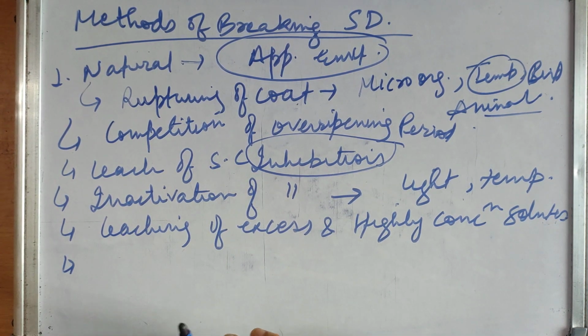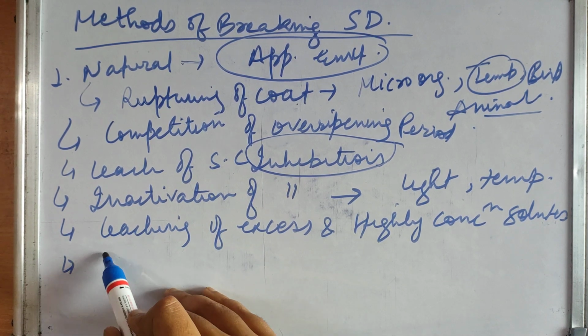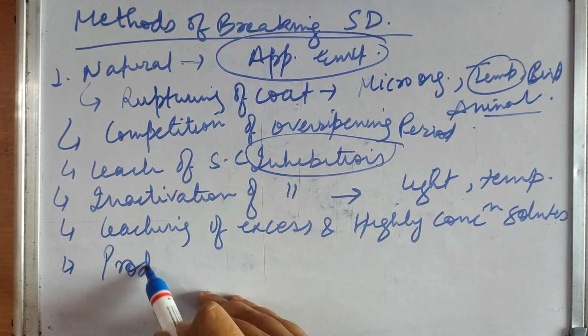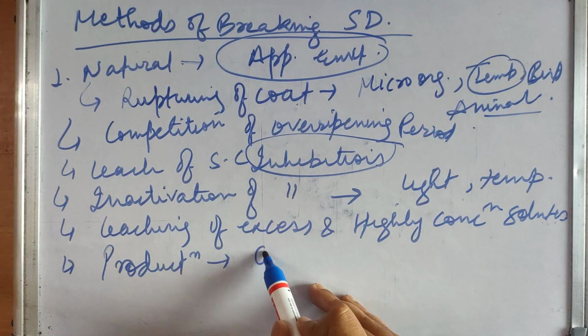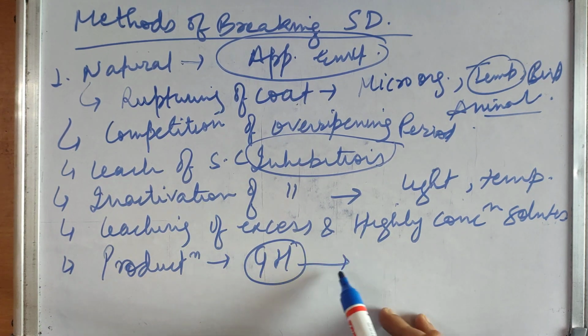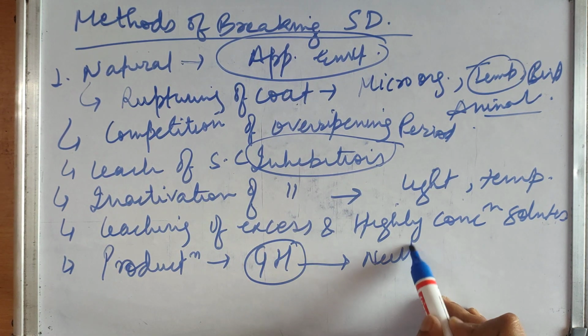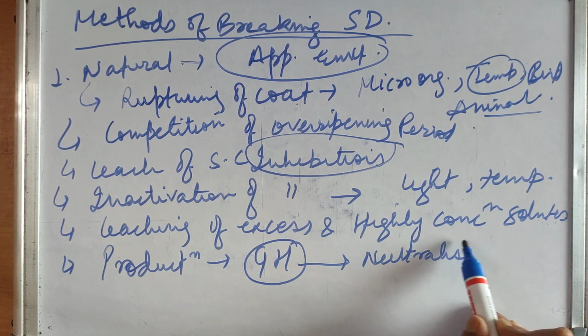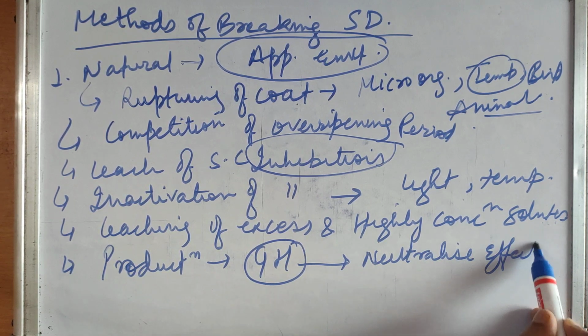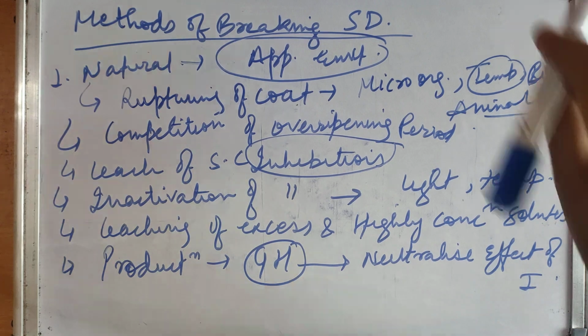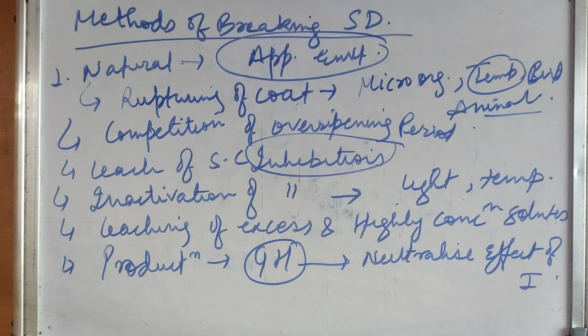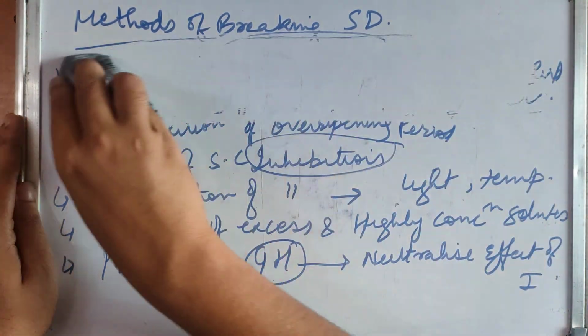Production of growth hormones to neutralize the effect of inhibitors. GH means growth hormones. So these were some of the natural methods. Now moving to what are artificial methods.